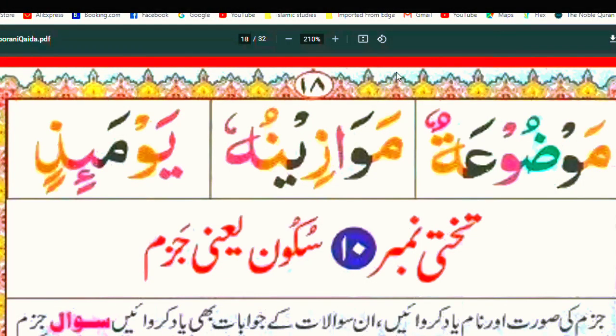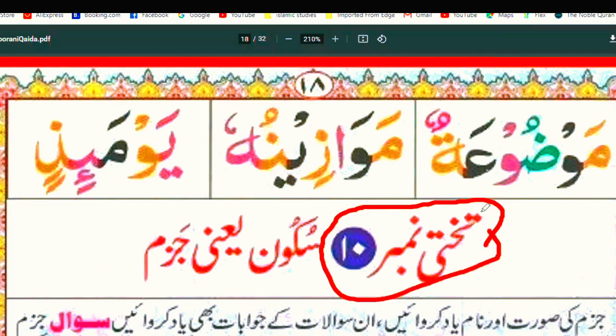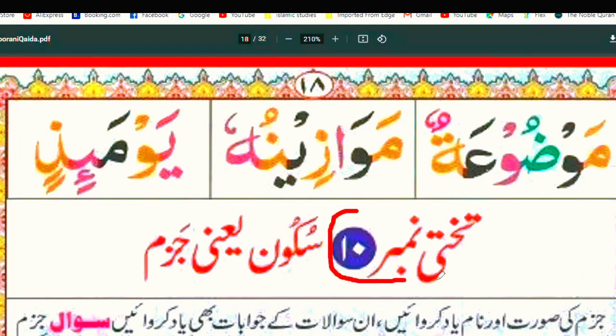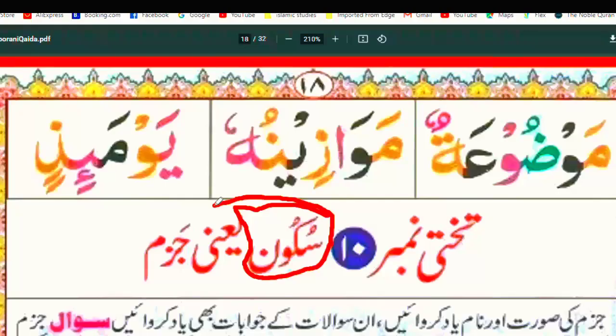Bismillahirrahmanirrahim. Today we are going to start chapter number 10. The title name of this chapter is Sukoon and Jazam.